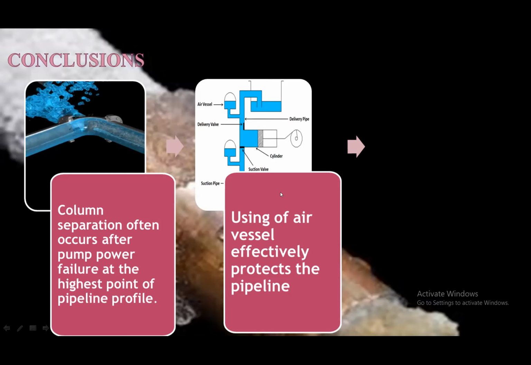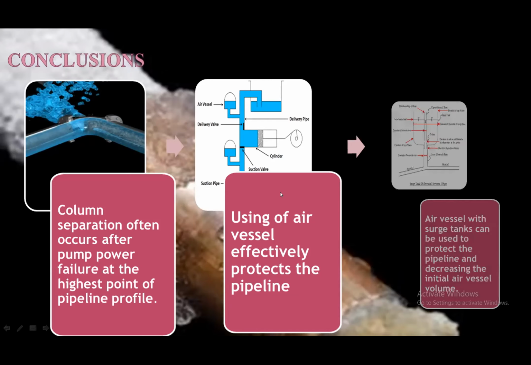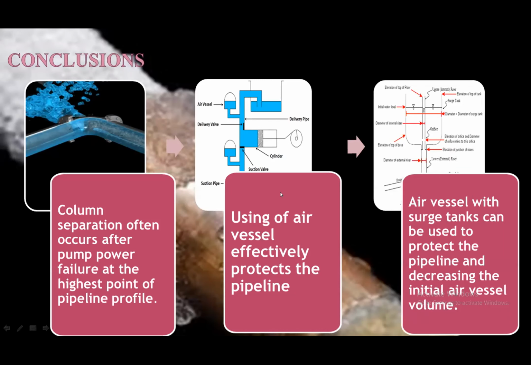In one water supply system I was working on, I had to buy an air vessel of 400 cubic meters, which is a really, really high volume. So I tried to avoid that value and put a surge tank with an air vessel, and that led to the reduction of the air vessel volume. And this is the third conclusion I have to take about.